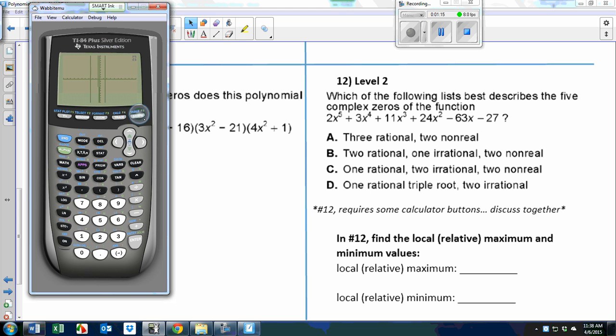So I can go to the table and look at the y values from x value -5. That would be -4,000, -1,000, -162, 91, 50, down to 27, down to -27, down to -50. Up to 143, 1,000, 3,000. Okay, so it gives me an idea of where this function is going.